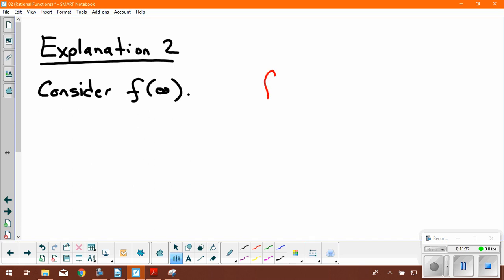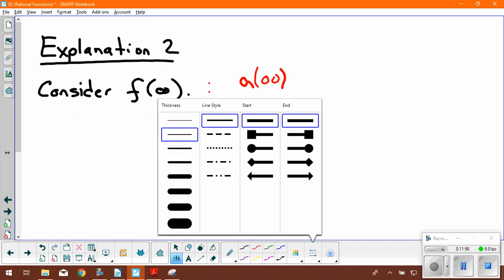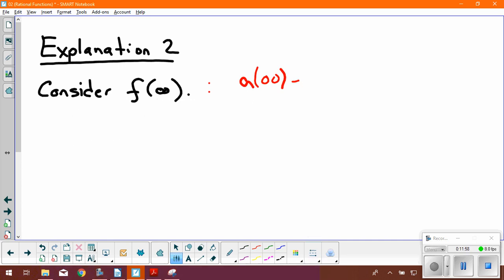So I have, for f of infinity in this case, a times infinity, minus b over c times infinity minus d.